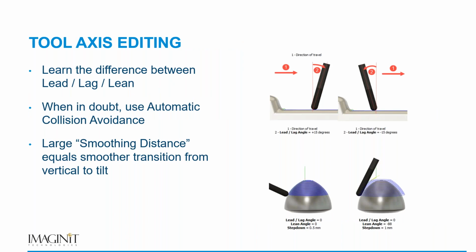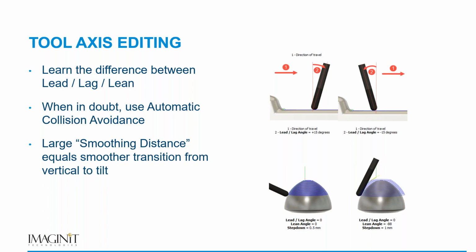All right, now anyone that has a 5-axis machine, you may really be interested in the tool axis editing functions. What the extension allows you to do is modify the lead, lag, and lean of the tool. If you end up using this extension, get comfortable with the differences between lead, lag, and lean. Make sure you learn what's what.